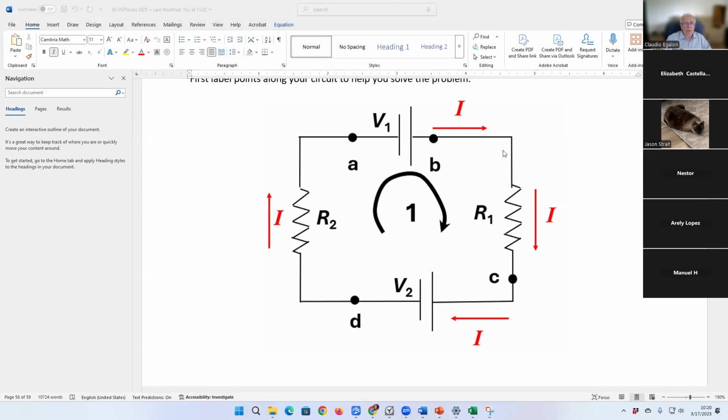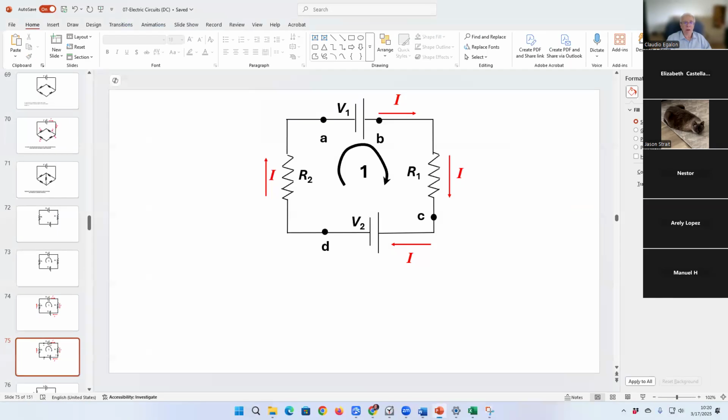If we move through a resistor in the downhill direction, in the direction of the current, we lose electric potential. So it's going to be something like the following.